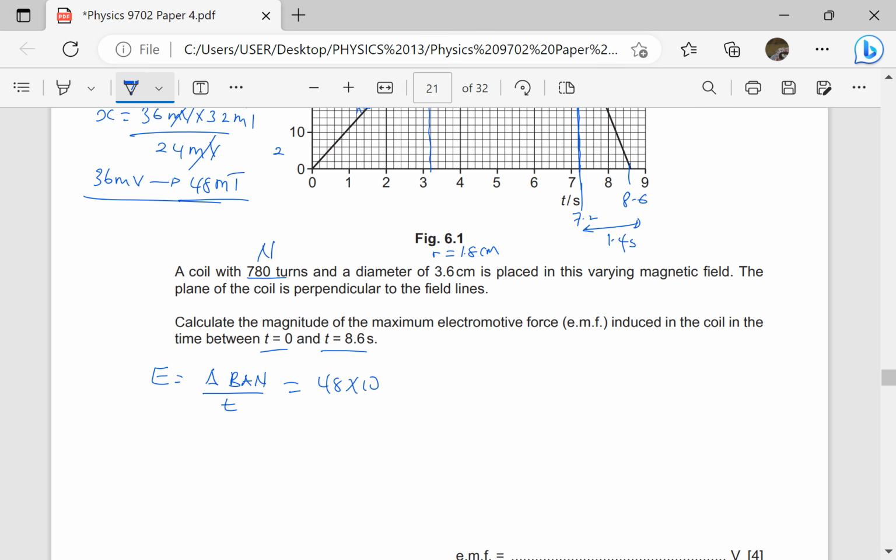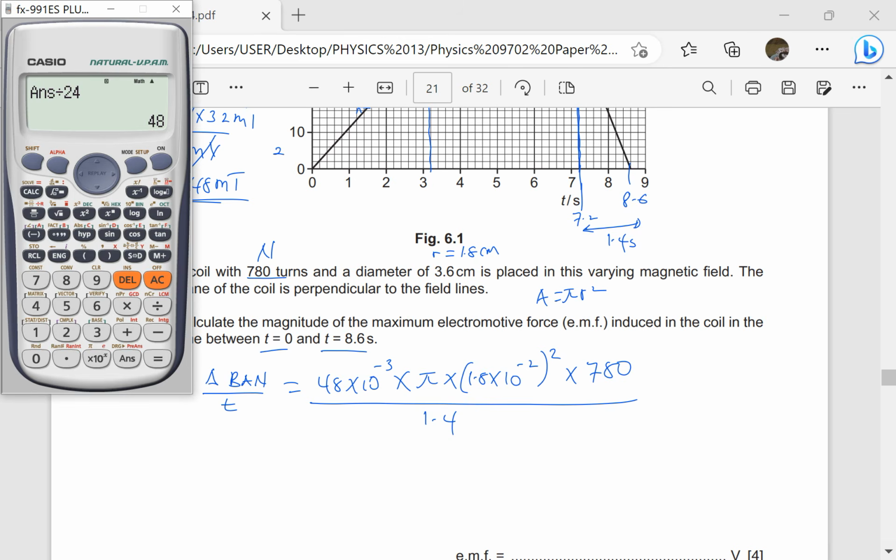So this is going to be 48 times 10 power negative 3, then times the cross-sectional area, which will be pi r squared, and r is 1.8 times 10 power negative 2, but this is squared, then times the number of turns, which is 780. The time interval is 1.4, for which the EMF is maximum.